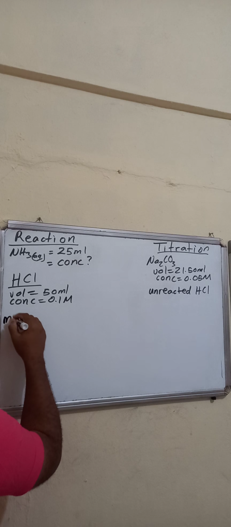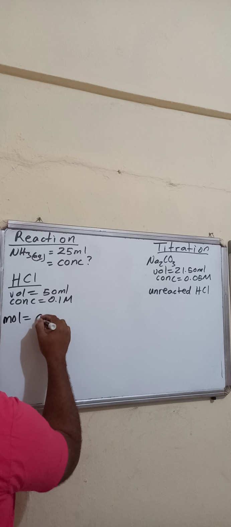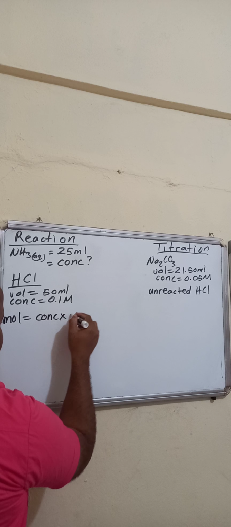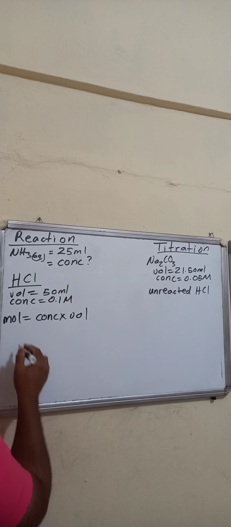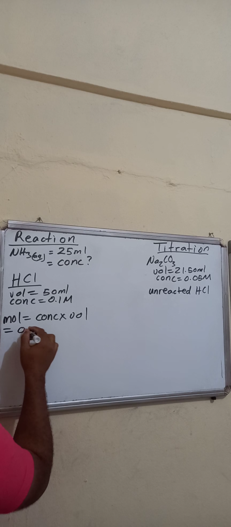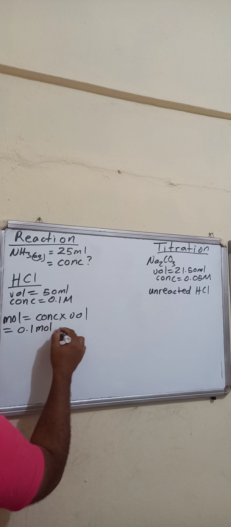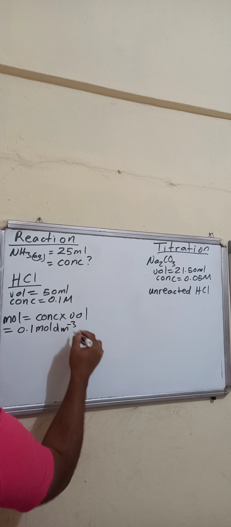Alright? So we know that mole is equal to concentration times volume. Concentration 0.1 moles per dm³.